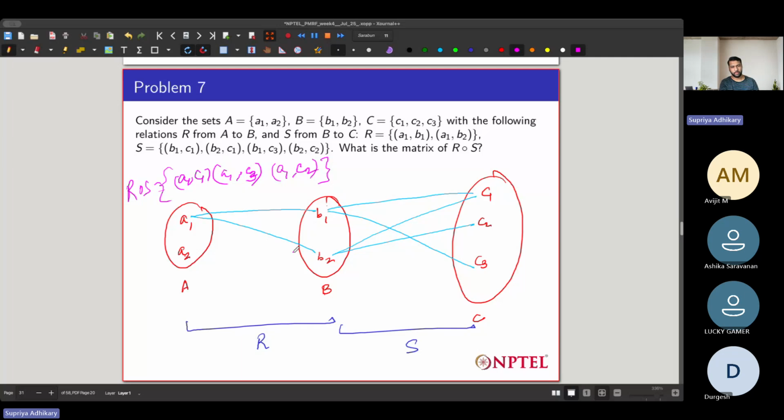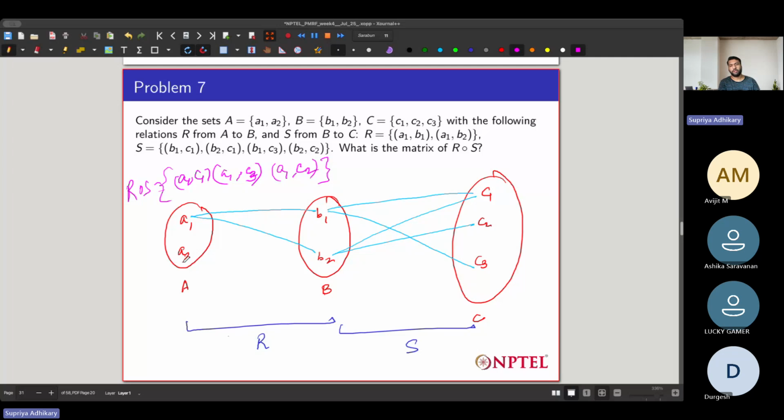So A1 B2 belongs to R, and B2 C2 also belongs to S. And similarly, B1 is the intermediate element for C3 also because A1 B1 is in R and B1 C3 is in S. So therefore, these three are the only possible values.